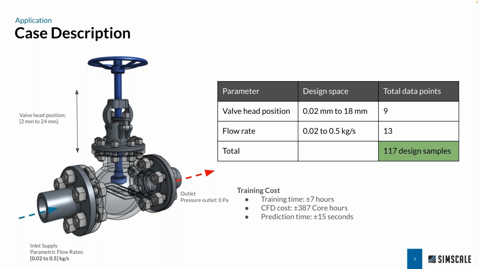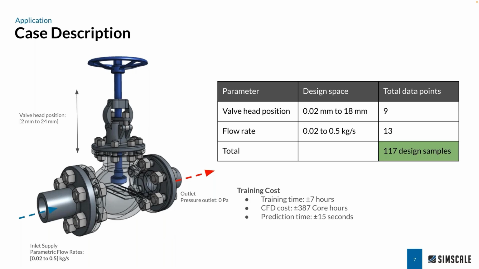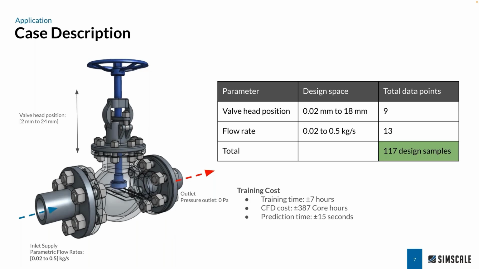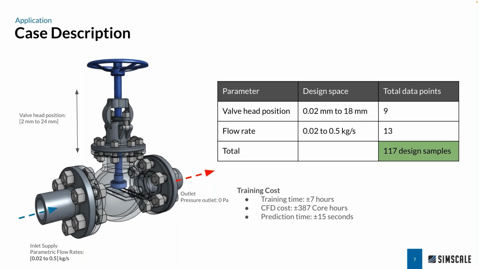So in total, we have a database of about 117 design samples that we're going to run and use for the prediction of flow characteristics later using the AI. In general, there are a few numbers here on the screen, but we can talk about that later. So the training took within 7 hours to actually get the data, process everything on an on-demand GPU, and then give you back the AI model so that users can use that for prediction.